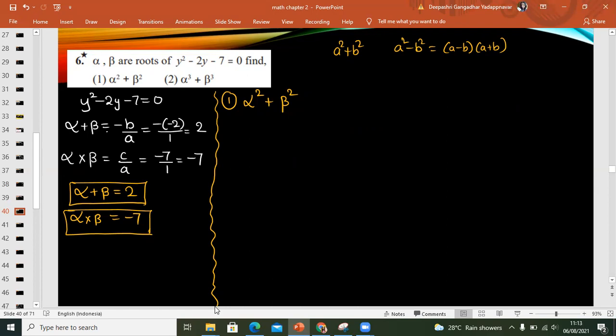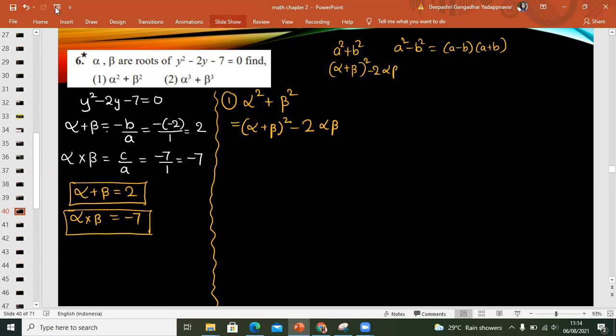What if we write this as alpha plus beta whole square minus 2 alpha beta? Because when you solve this, then you will get back to this. I'll solve it here and show you.